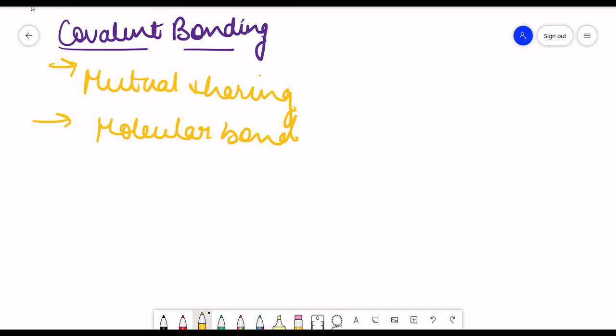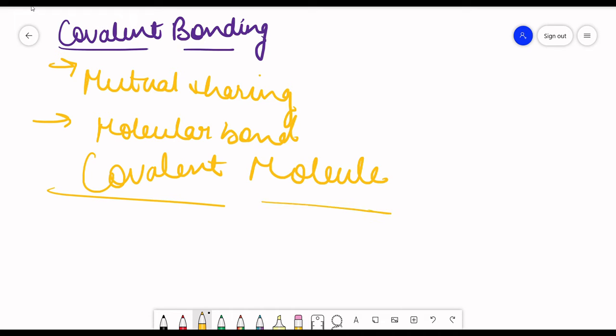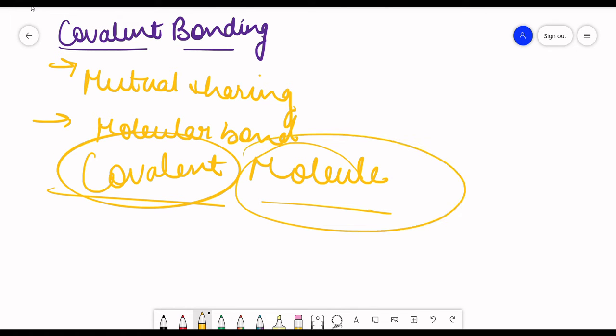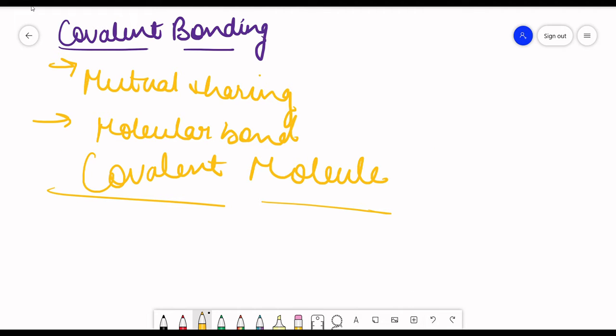The molecule formed due to this sharing of electrons becomes a covalent molecule. I hope this is clear to you, because it's very important to understand.